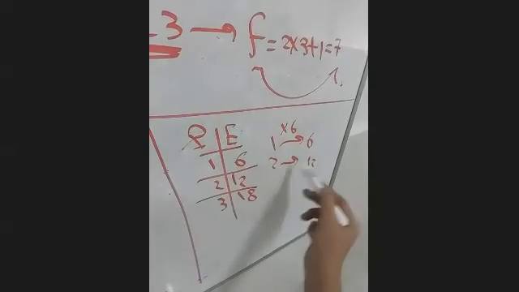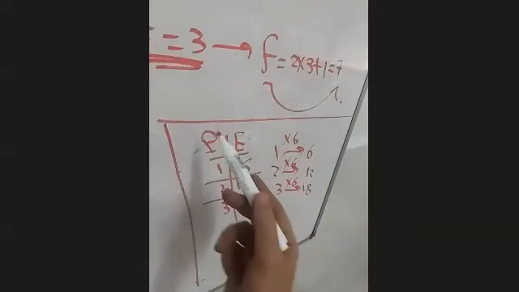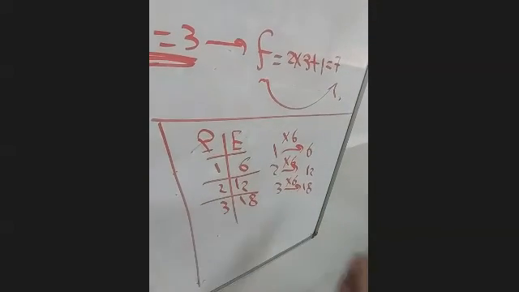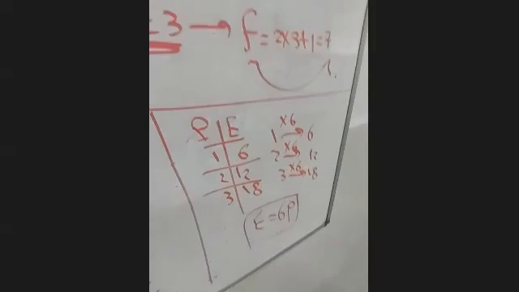By multiplying by 6. How does the 2 become 12? By 6. How does 3 become 18? By 6. So if you multiply P by 6, you get E, right? Yeah. So what's E equal? E equals 6P. Yes.